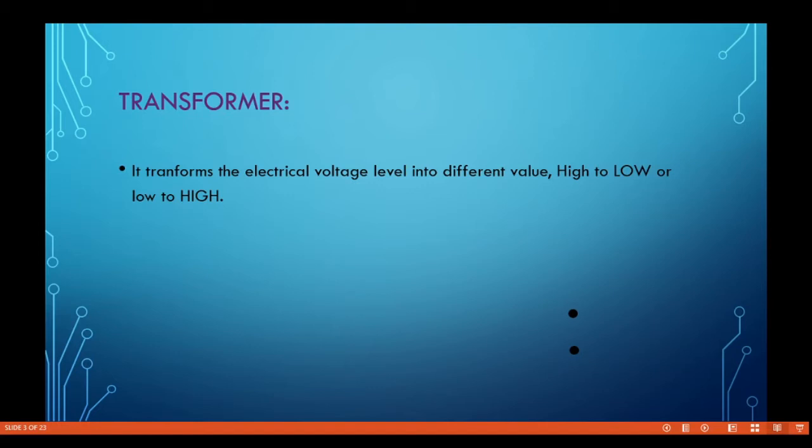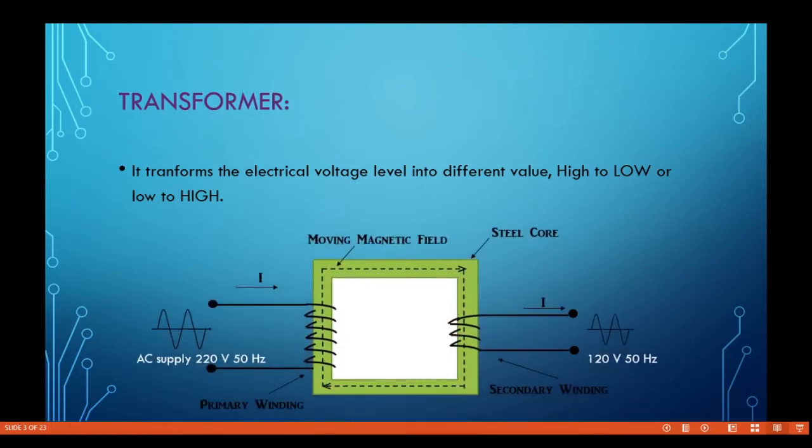It converts high voltage values to lower voltage, or it can convert lower to high values. This is the circuit diagram of the transformer. This is how a transformer is made, using circular windings across the steel core. This is the steel core.